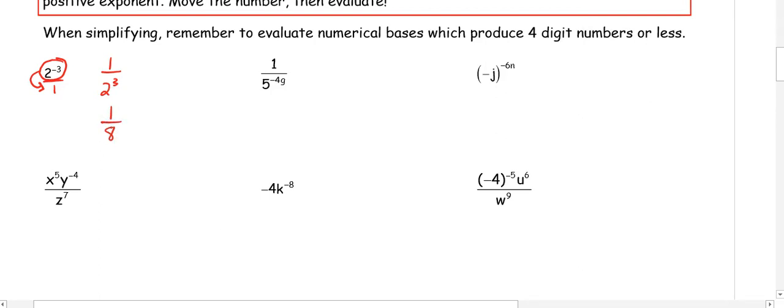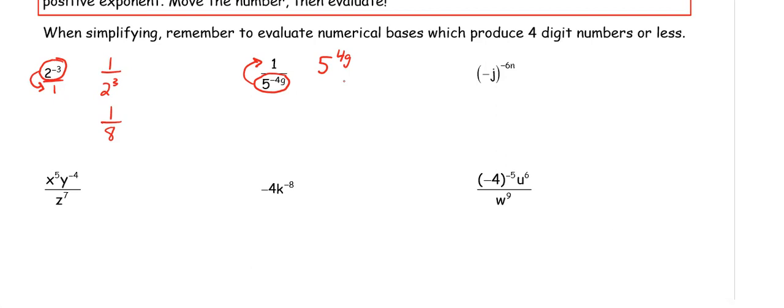Now, sometimes our exponents are also going to have variables in them, but we're still treating them the same way. It's a negative exponent here, so this 5 to the negative 4g is going to move up to the numerator, so it becomes 5 to the positive 4g, and we can put it over 1 if we want to, but when we move to the numerator, we don't have to put that 1 if nothing is left in the denominator. The next one, parentheses, negative j to the negative 6 exponent.